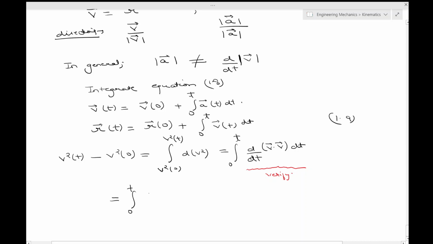So you will have v dot v plus v dot v, dt, and this is equal to 2 times the integral from 0 to t of v dot v dt, which equals 2 times the integral from r0 to r of t of a dot dr.